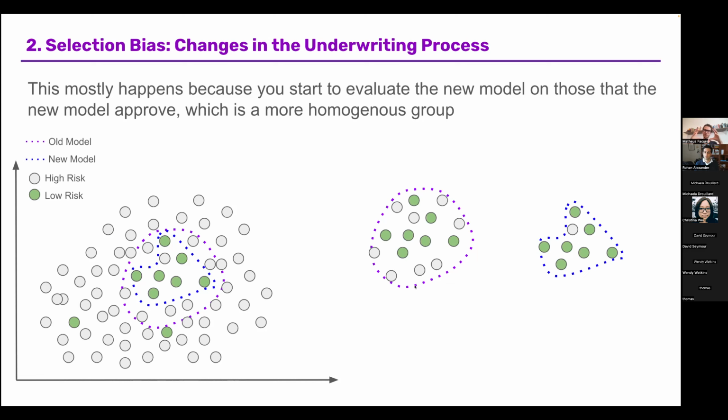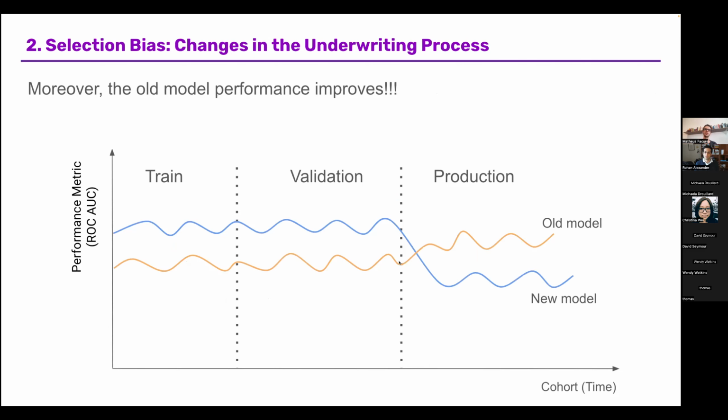And the data that you are using to validate the new model is the data that was approved by the old model, right? So you get to validate the new model on the data that the old model approved.